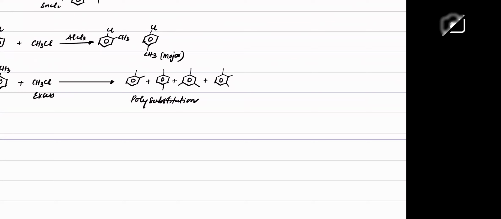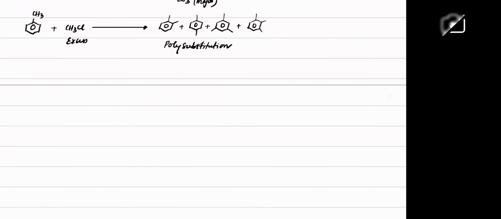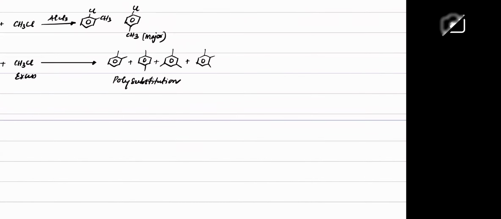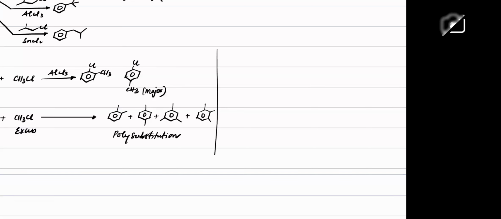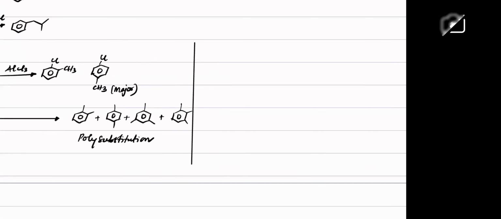And apart from it, when it comes to chlorobenzene, what is the important ES reaction that you need to remember is when you react it with CCl3, C double bond O H. This is called chloral.